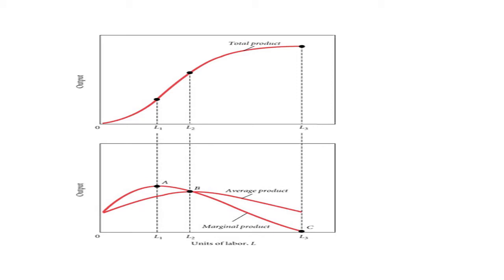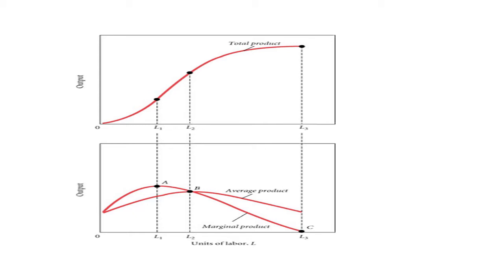Now, graphically, production function can be expressed using a curve, where in the same axis we have three curves that show the relationship between output and inputs.